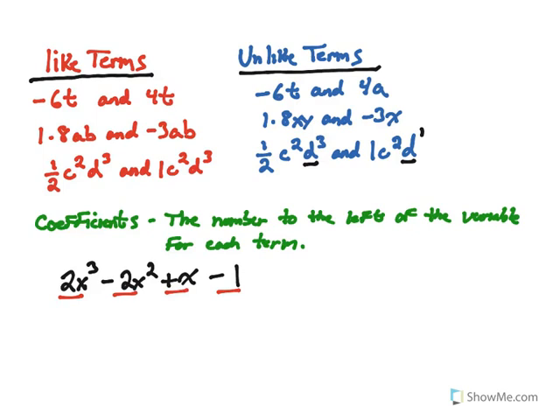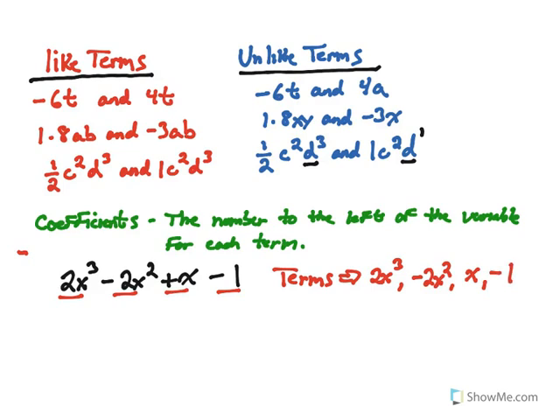So you can say the terms would be 2x cubed, negative 2x squared, x, and minus 1.